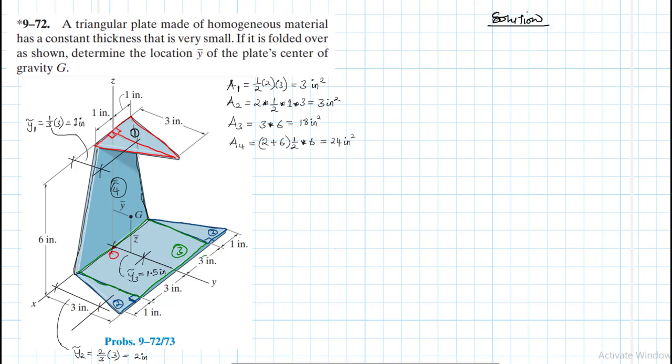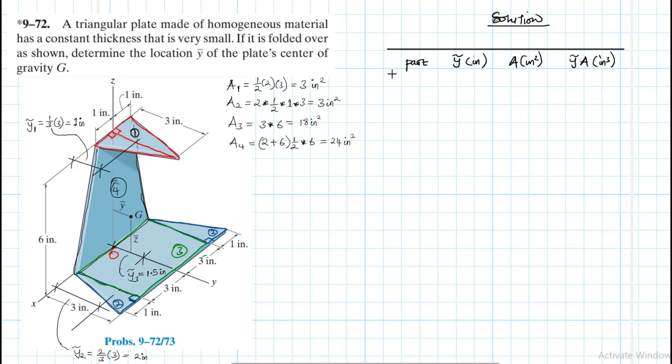So now let's feed all this information into our table. We have the part, then y curled, which is in inches, then the area, which is in inches squared, then y curled times area, which is in inches to the power 3. Great, so let's draw the table.